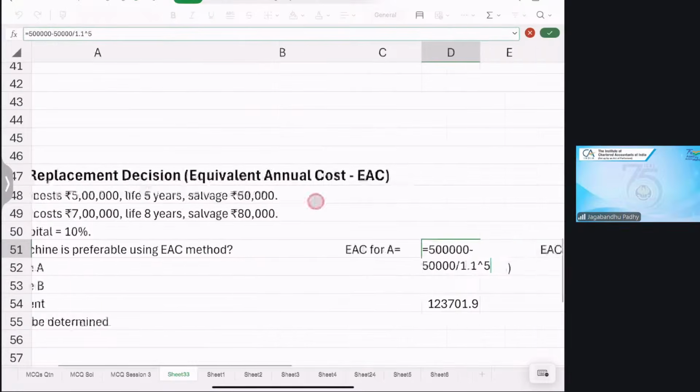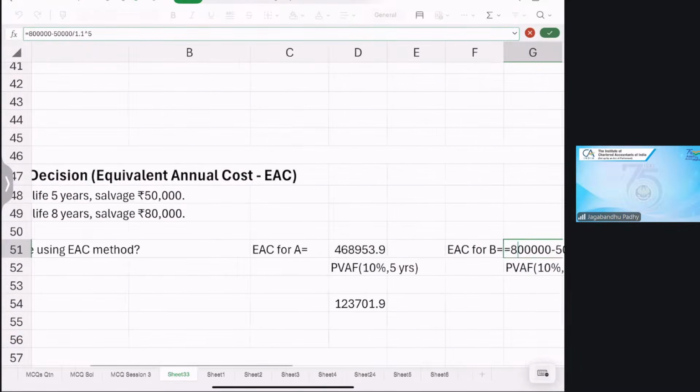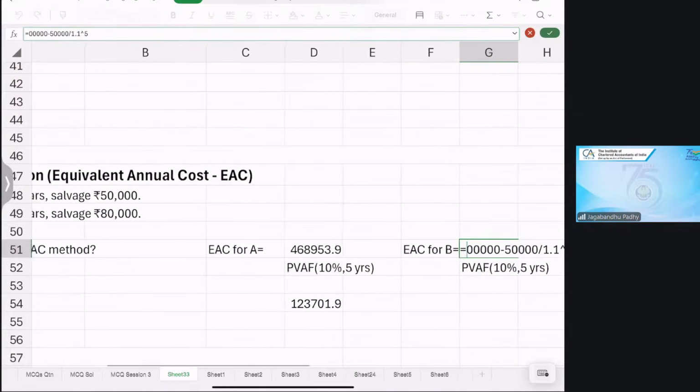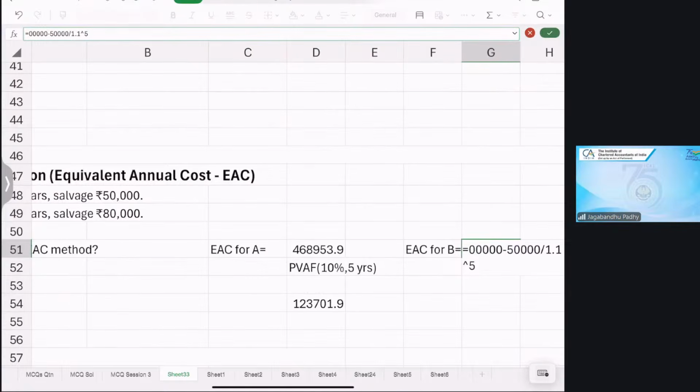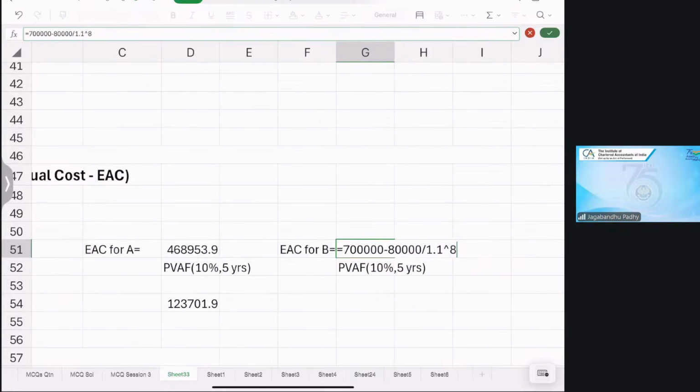Okay, yes, sir. Then for B, the initial investment is 7 lakh minus 80,000 divided by 1.1 raised to 8.